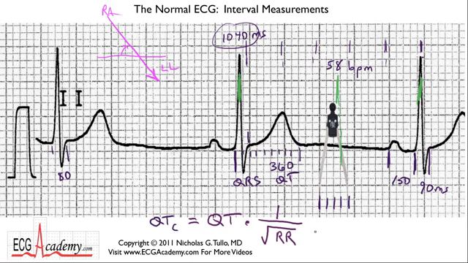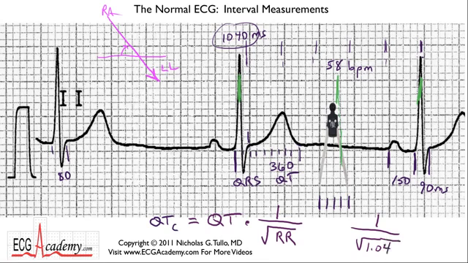Okay, so it's a bit of a calculation, but it's not that hard if you have a calculator and you can figure out square roots. Otherwise, there are tables that you can look up to see what a normal QTc is for any particular heart rate. So in this example, your R to R interval is 1040 milliseconds, but in seconds, that's 1 over the square root of 1.04. Get it?